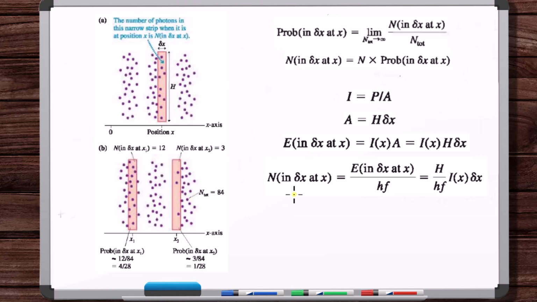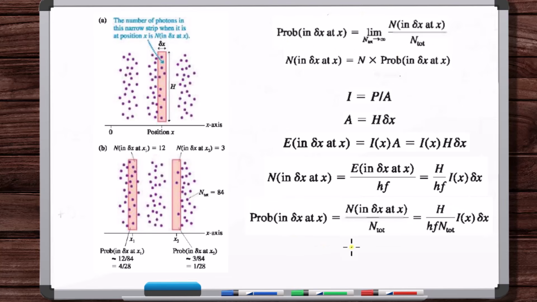That's the number of photons arriving at any strip located at X. Okay, now substitute this E here, and here's the number of photons arriving at a strip each second, any strip X. But now we can use this definition to come up with this equality. So the probability in delta X at any position X is just the number of photons in that strip divided by n total. So we just divide this by n total.